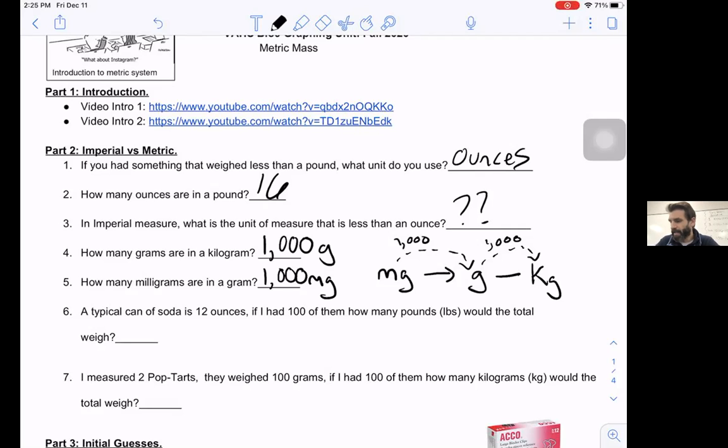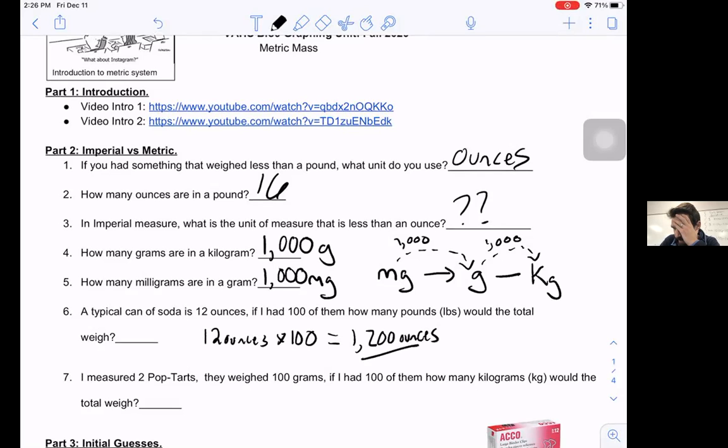Okay. A typical can of soda is 12 ounces. If I had 100 of them, how many pounds would they weigh total? Oh my gosh. Okay. So I guess I would have 12 ounces times 100 would get me to what? 1,200 ounces.